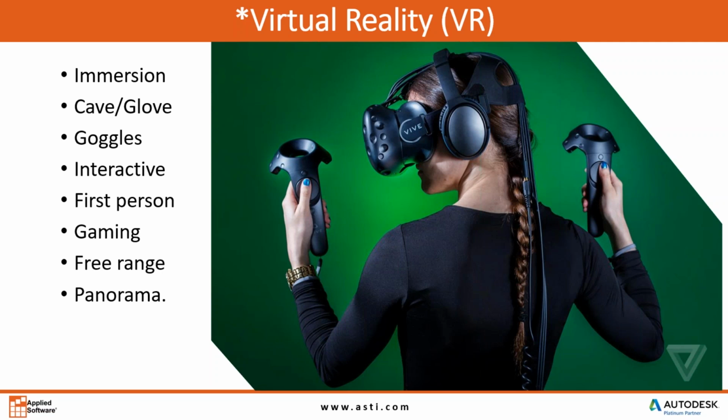This image we're showing has the wands to control different things, and you're wearing the goggles. It's very interactive, first-person moving through things, and it's free range. You can go anywhere you want to. It's not a set specific path, which is some of the animations we've done in the past. But it can also be a stationary thing where it's a panorama, and you spin around as well.